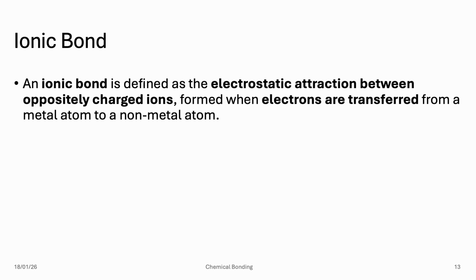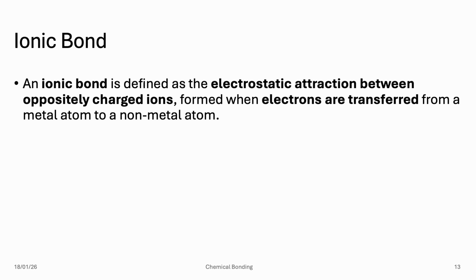So now we have cations and anions. What happens if we put them close together? They will attract each other because of the opposite charges of these ions. They will have electrostatic attraction between them, and this attraction is called or defined as an ionic bond.